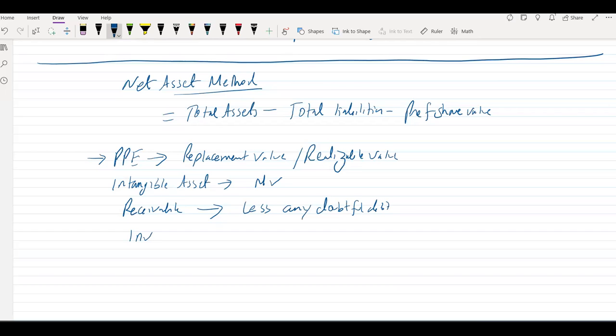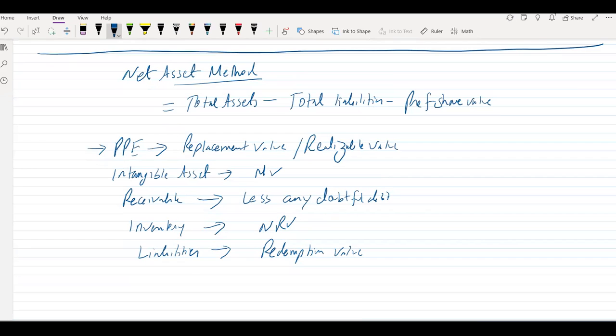For inventory, always take inventory at NRV, whether it is greater or lower. Liabilities at redemption value. That is the net asset method.